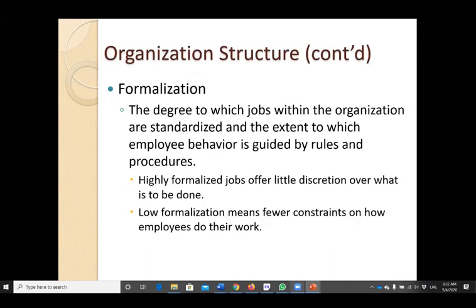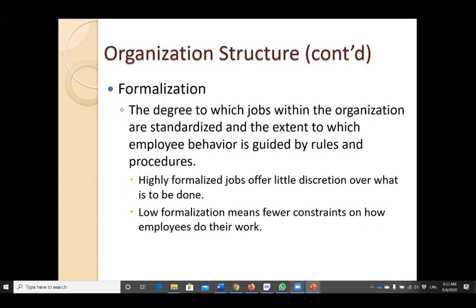And the last element of organization structure is formalization, right? This is the degree to which the jobs within the organization are standardized. The extent to which employees' behavior is guided by rules and procedures, right? So if you can imagine all of the things that will happen in your organization, you can program them.